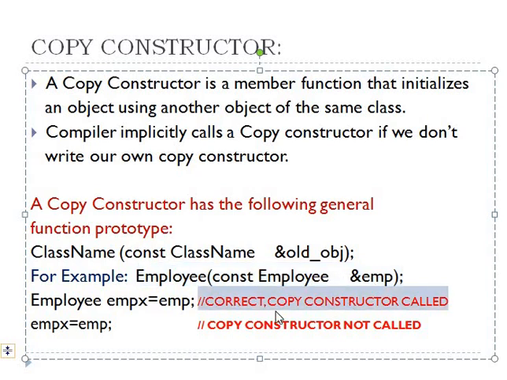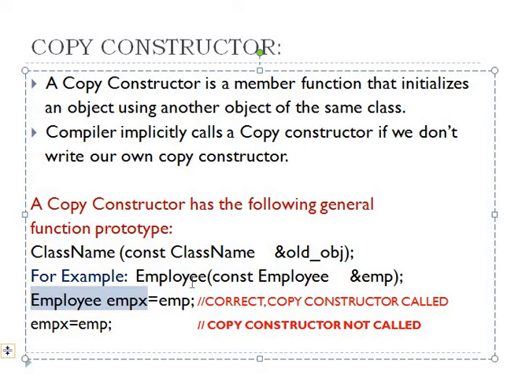So just remember that for calling the copy constructor, the declaration of a new object out of a class is a must before the values of the old object get copied into the new object.